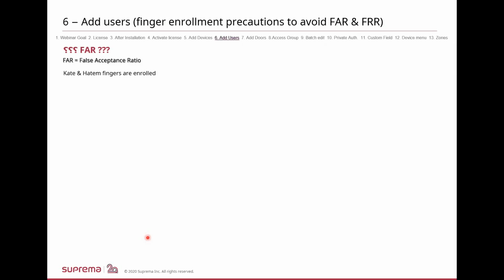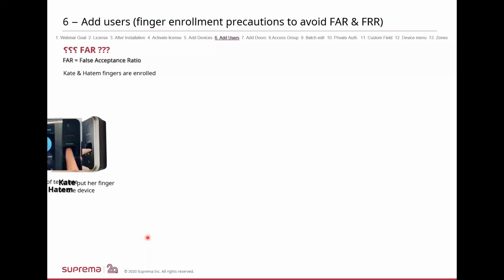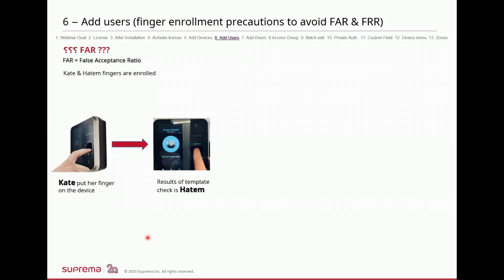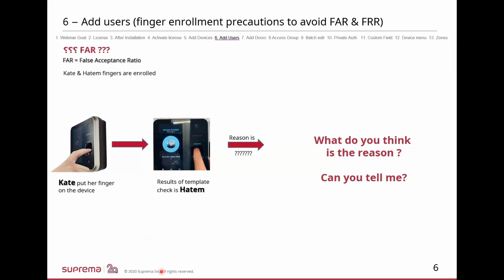Kate went to the device and put her finger on it. Then the device result was Hatem, despite the fact that Kate put her finger. Now, can I ask you a question, please? Why? What do you think the reason is?